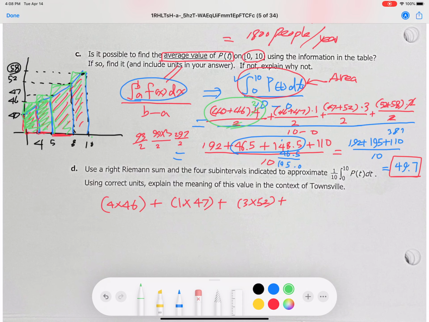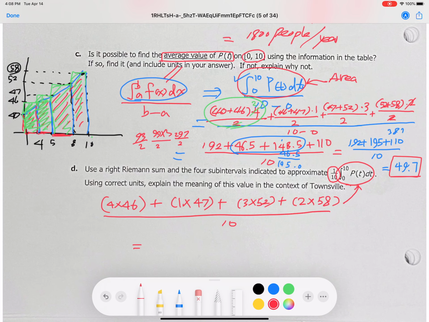Between 8 and 10, that length is 2. So 2 times 58. This sum of 4 rectangles' area represents the integral 0 to 10 of p(t) dt, an approximation value of that part. Then that times 1 over 10, right? So that divided by 10.